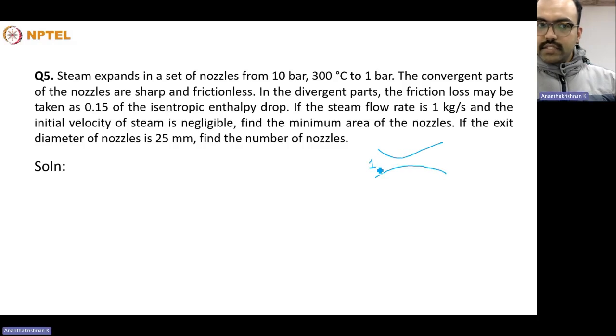So it's a convergent divergent duct. We can denote 3 points like this, and then draw the HS diagram.